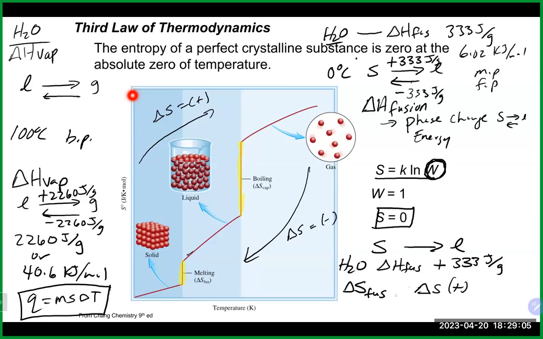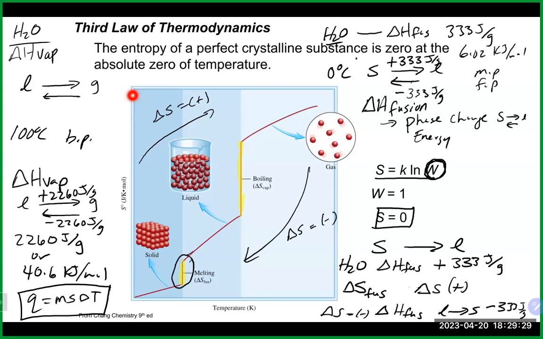And obviously, as we go the other way with the delta H of fusion, if we went from liquid back to solid, that would require a negative 333 joules, which means the entropy change should decrease, and we would see a delta S that would be negative for that change. So what do we see here?